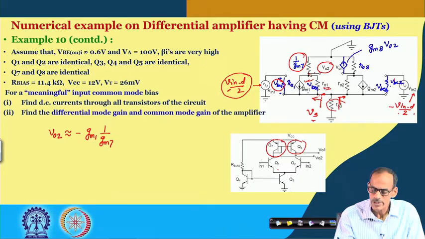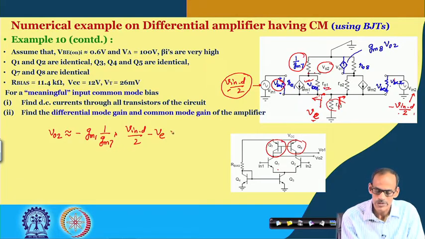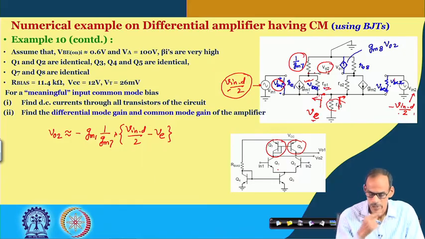So, that is the impedance at this node, and then Vind by 2 minus, let it be VE, because this is the common emitter voltage. So, that is the voltage you do have here.